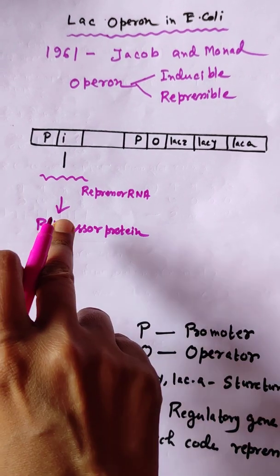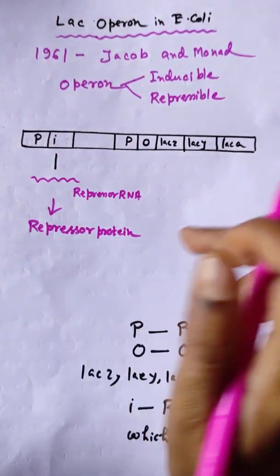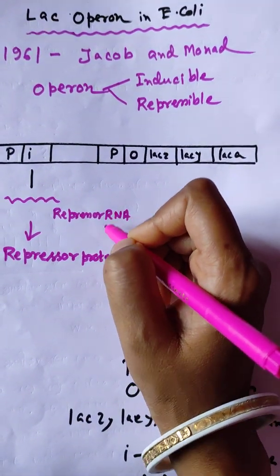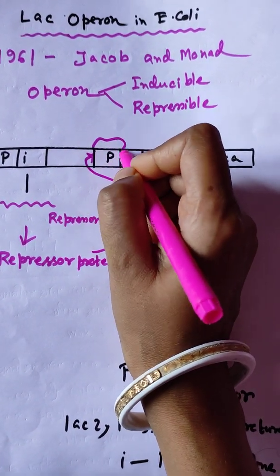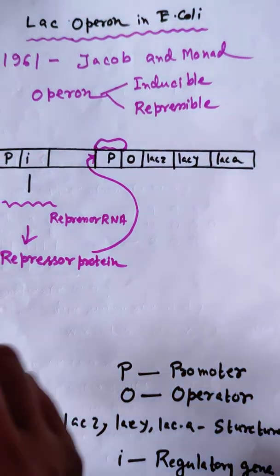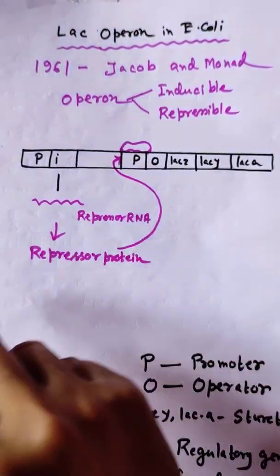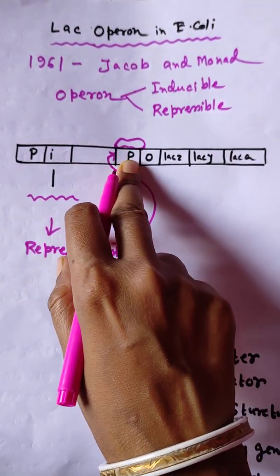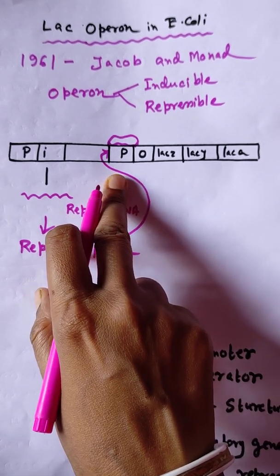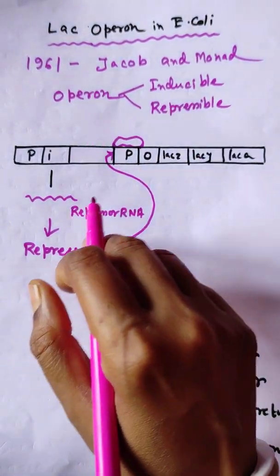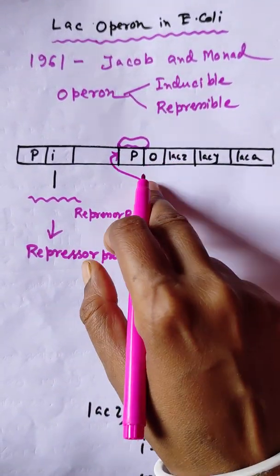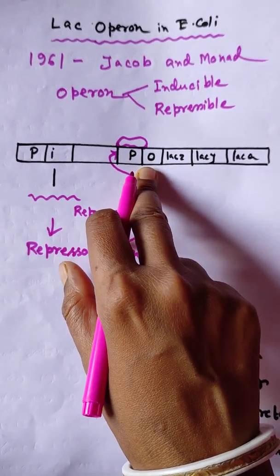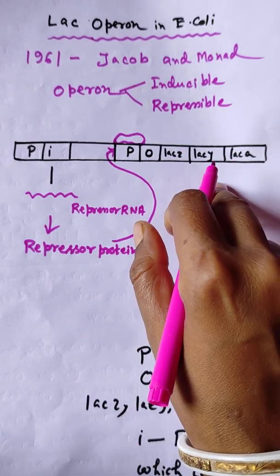Then this repressor protein binds to the promoter region. Then RNA polymerase cannot bind to the promoter region, so transcription is not possible.